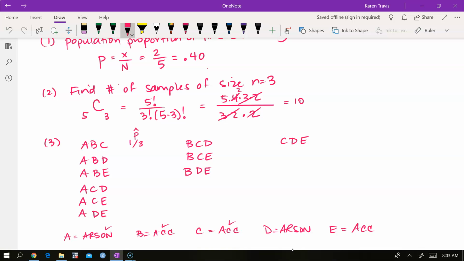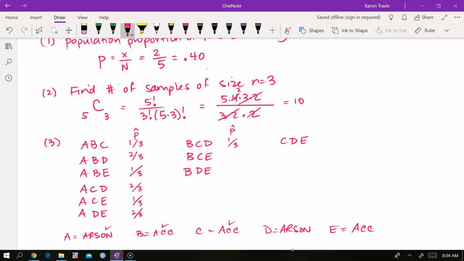Similarly, doing A, B, and D would make 2 out of the 3 fires arson. A, B, and E would make it 1 out of the 3. A, C, and D would be 2 out of the 3. A, C, and E would be 1 out of the 3. And A, D, and E would be 2 out of the 3. Moving to B, C, and D would be 1 out of 3 are arson.